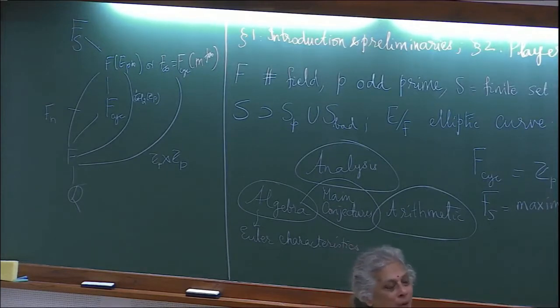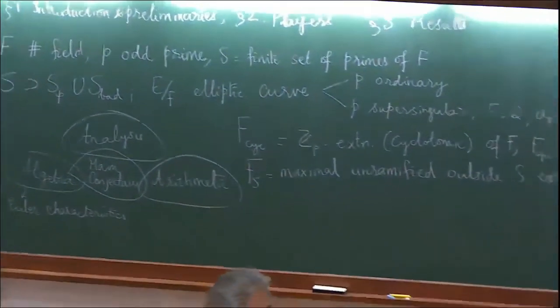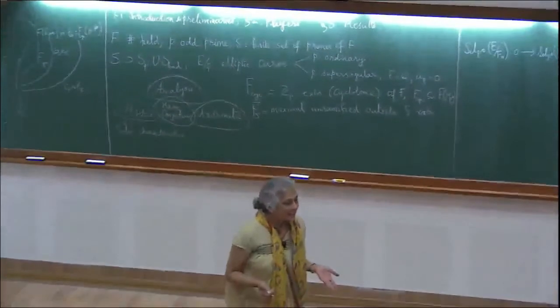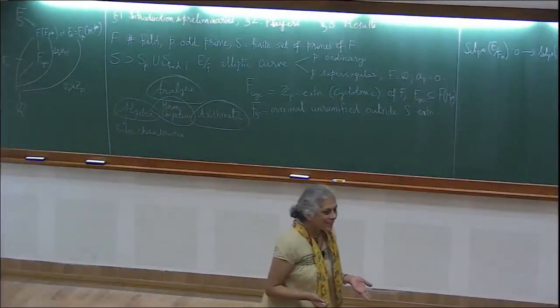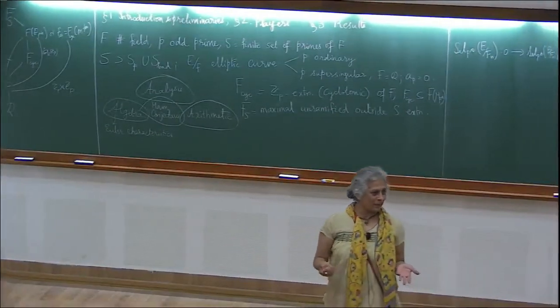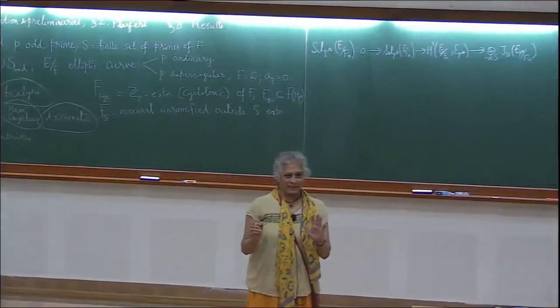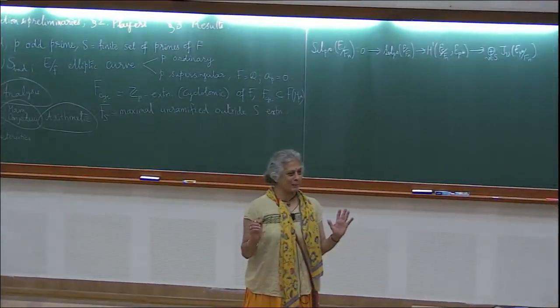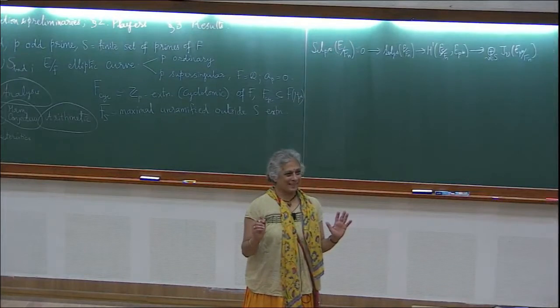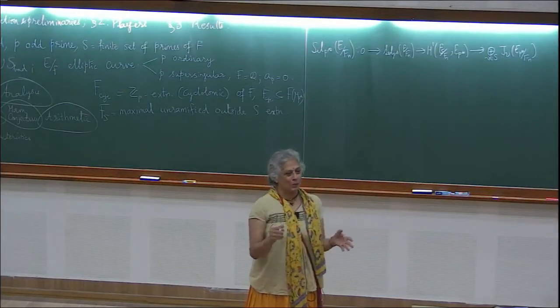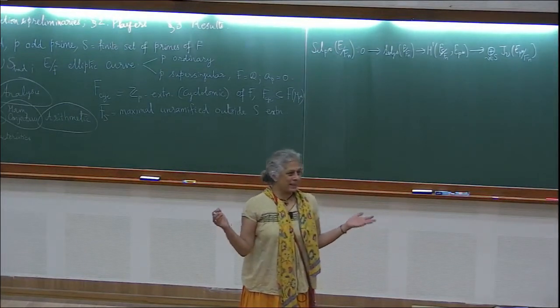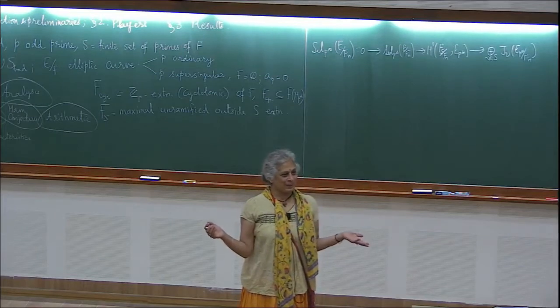Typically, the way it arises in real life is if you take an elliptic curve having split multiplicative reduction. Yes, it's the global Galois group I'm taking. It has nothing to do with elliptic curves. Like I said, it's the simplest non-commutative extension you can think of.